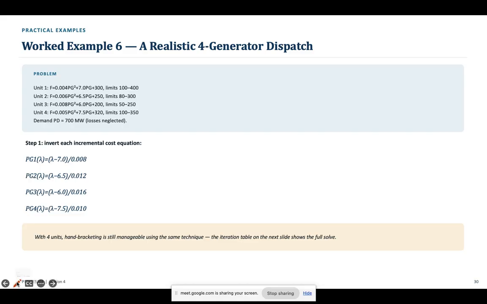I'll just choose the pen. So for the first one, if you have to differentiate that, you will have df1. You can make it f1, f2, f3 for each one of the generators. So df1 divided by dpg1. We are differentiating with respect to dpg1.